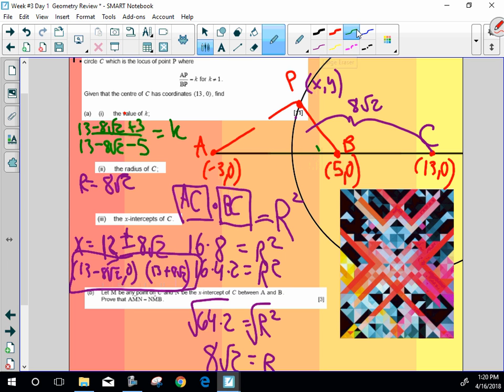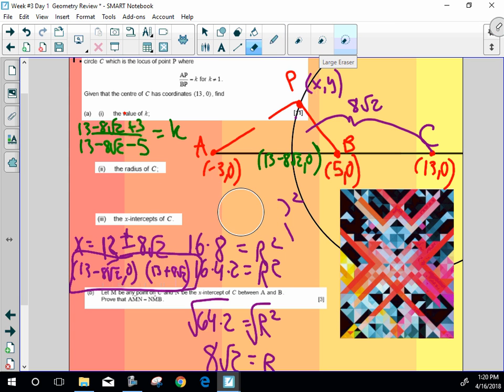Just make this a little bit neater. This is (13 minus 8 square root of 2, 0). All I did is I took this distance, this minus negative 3, and then I took this distance minus 5.